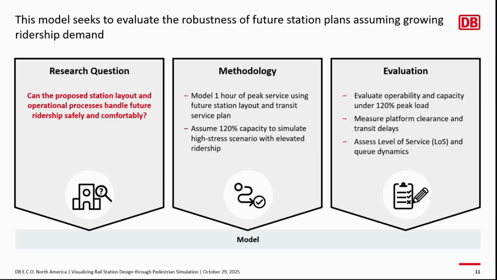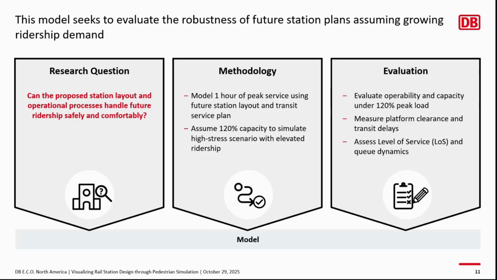And we assumed 120% capacity for the passenger volume. So 120% capacity of all the trains, basically. And this is to simulate a high stress scenario with elevated ridership. Might correspond to like an event situation, but this is basically trying to test the limits of the station.